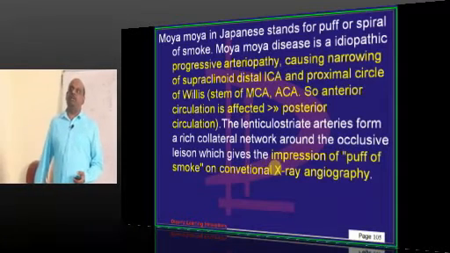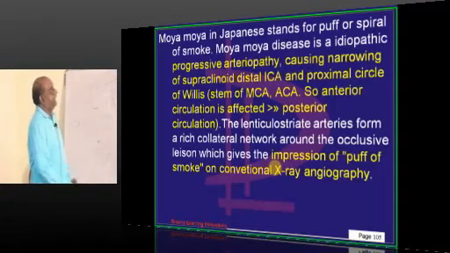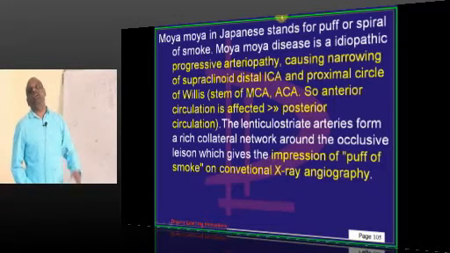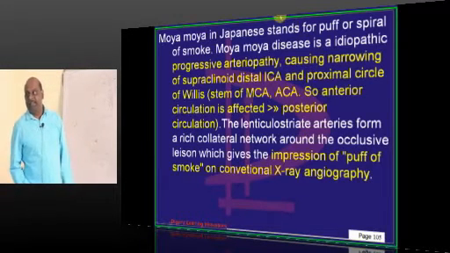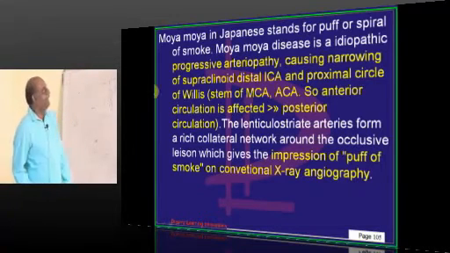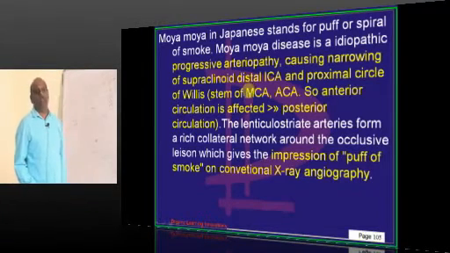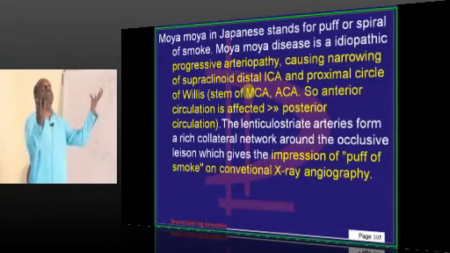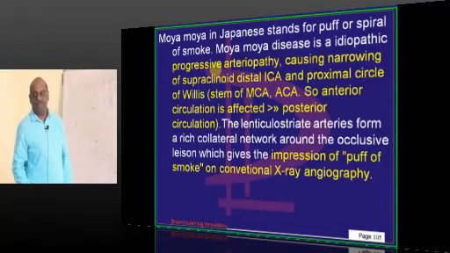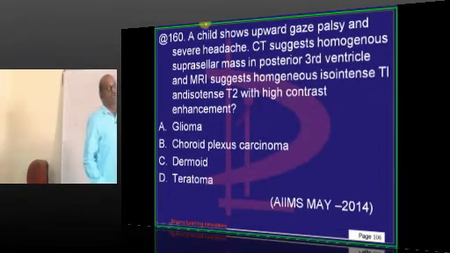If Japanese say moyamoya means smoke is coming out. So it is a progressive arteriopathy. Why does it look like a smoke when you do angiography? Because of this arteriopathy, there is a narrowing of the internal carotid artery and development of collaterals. All these collaterals look as if smoke is rising up. Hence called moyamoya disease is what need to be remembered.